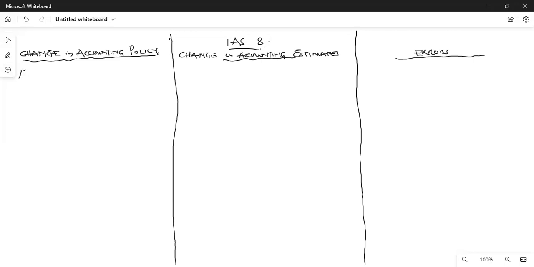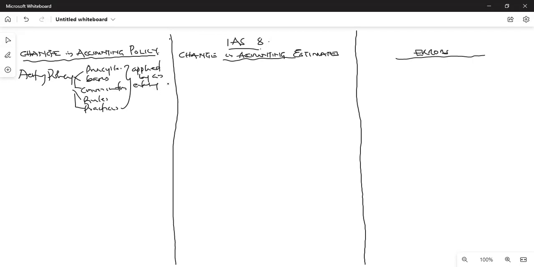Accounting policy in the first place is the specific principles, the basis, the conventions, the rules, the practices that are applied by an entity when they prepare their financial statements.